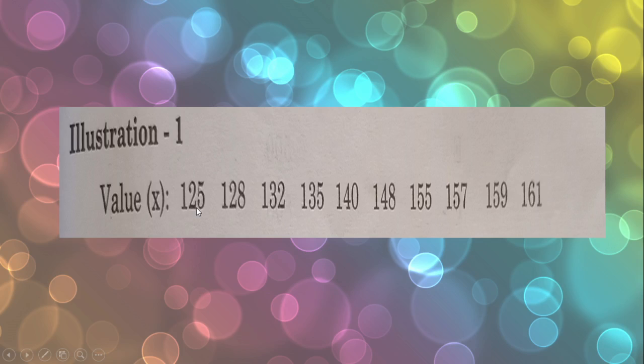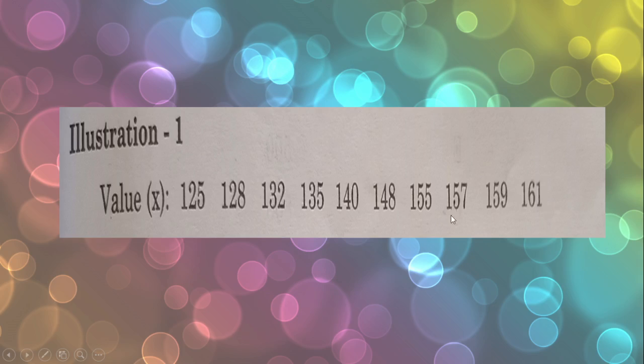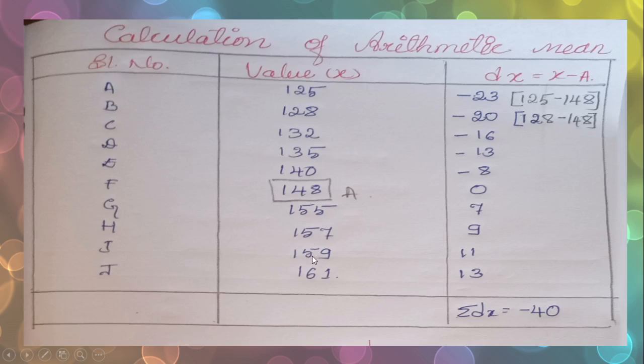Values x, they have given an individual series. Here I have taken the serial number A to J, and values x I have copied from the problem. Whatever values are in my problem, we have copied them, and then the dx values. Here dx represents deviation of x. How to calculate this dx?